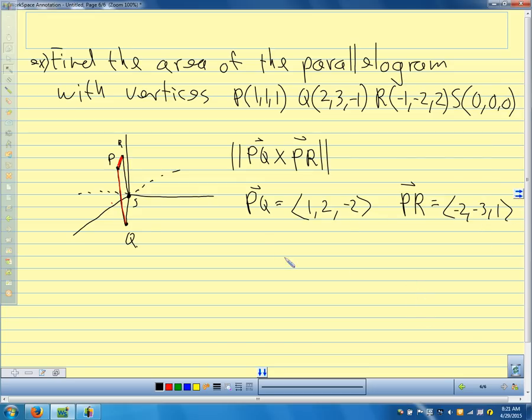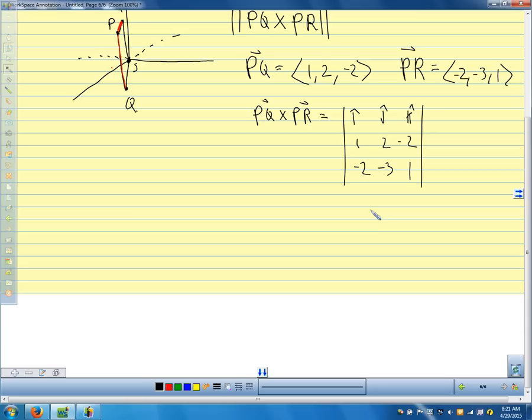So we would find the magnitude of PQ cross PR. I'm just going to write this out, we'll not do the calculations. 1, 2, -2, -2, -3, 1. So there's our cross product. We would find the magnitude of that, and when I did this problem, I came up with the area equals the square root of 26.